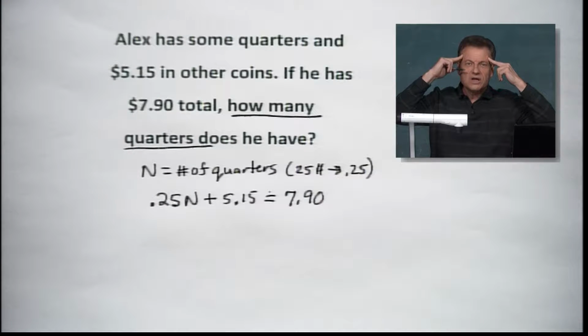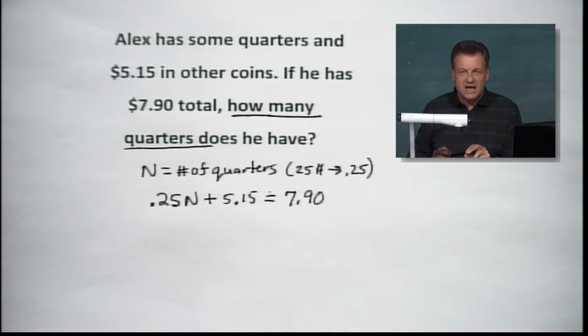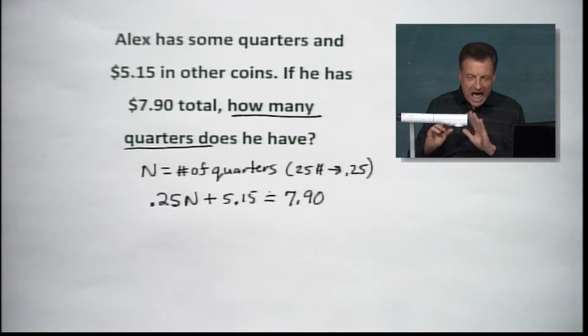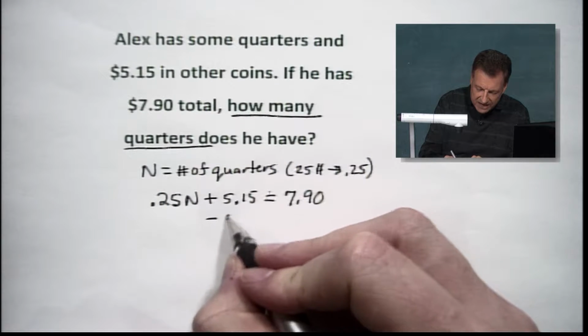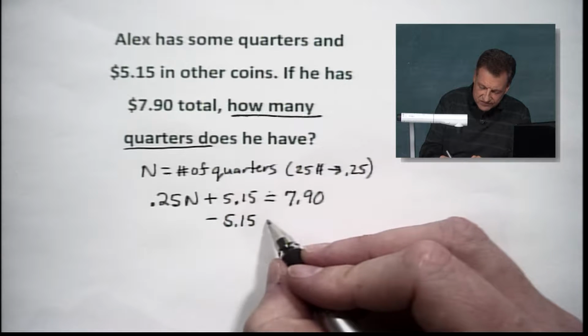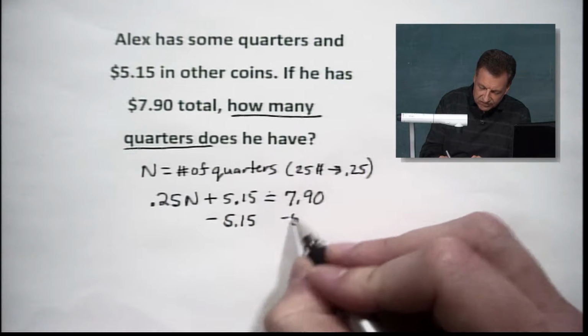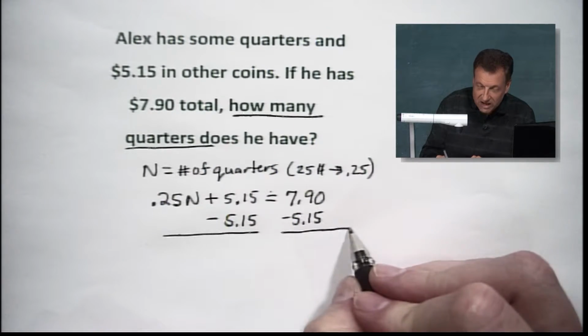Now some of you said, I started to take away the $5.15 from $7.90. I like that idea, because look, we got a plus here. So let's do our subtraction. We're going to subtract $5.15 from both sides, because that's what our addition and subtraction properties of equality tell us to do.